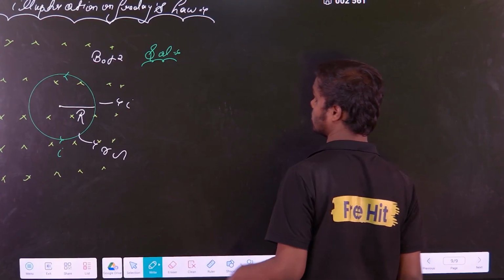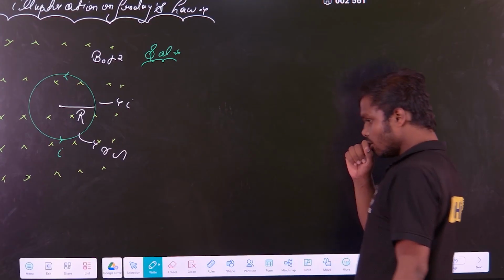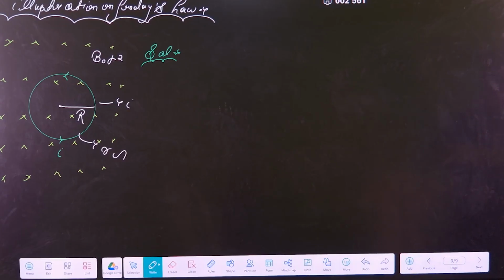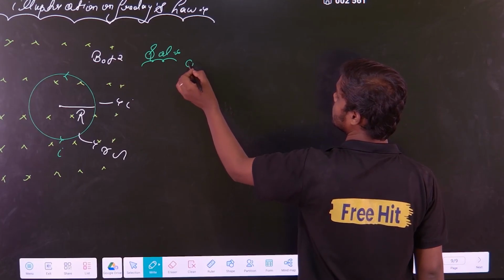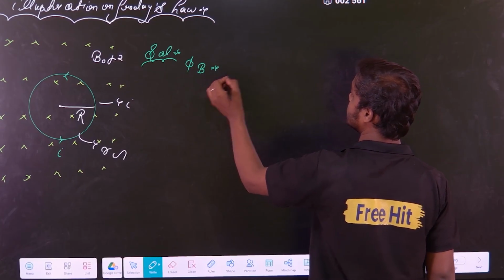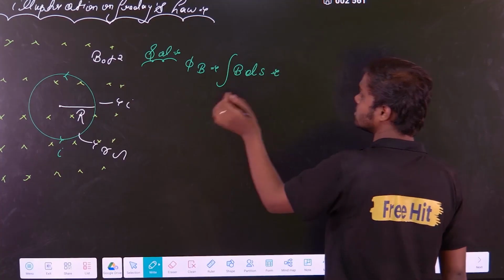Now let us talk about the calculation of this current value. For that, our first step will be very simple. We first calculate the magnetic flux, that is simply phi = integral of B dot dS. What is the magnetic field?